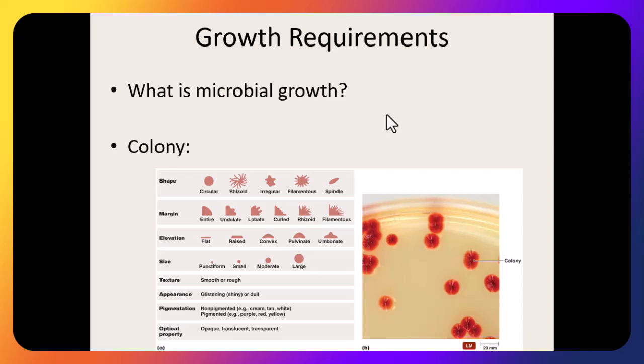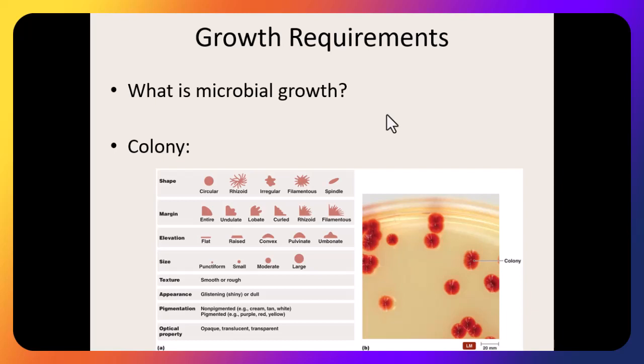And in our lab, we want bacteria to grow. Because once they've grown enough, once we made them happy enough, they will show up as a colony on a plate. And again, this is where lecture and lab keep going back and forth, because we defined a colony last week. A colony is a spot on a plate where 1 bacteria landed and reproduced.